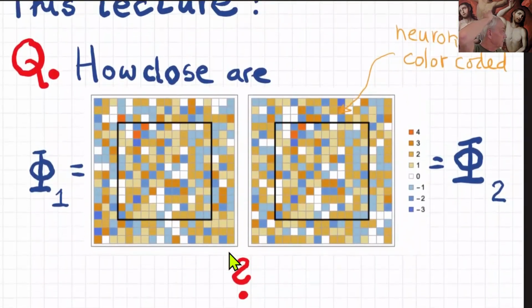Again, it's easier for me to draw it as a square array, but it doesn't have to be that, in which every node in this array or in this graph has some activity which maybe I code by color just to be able to visualize it.